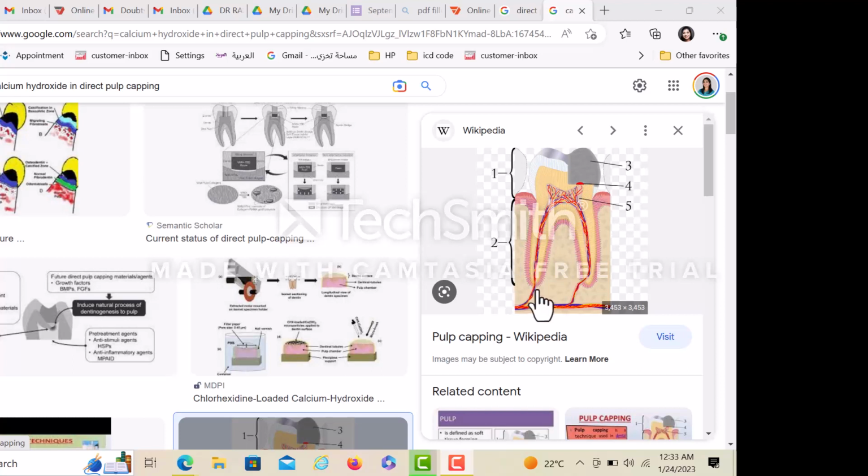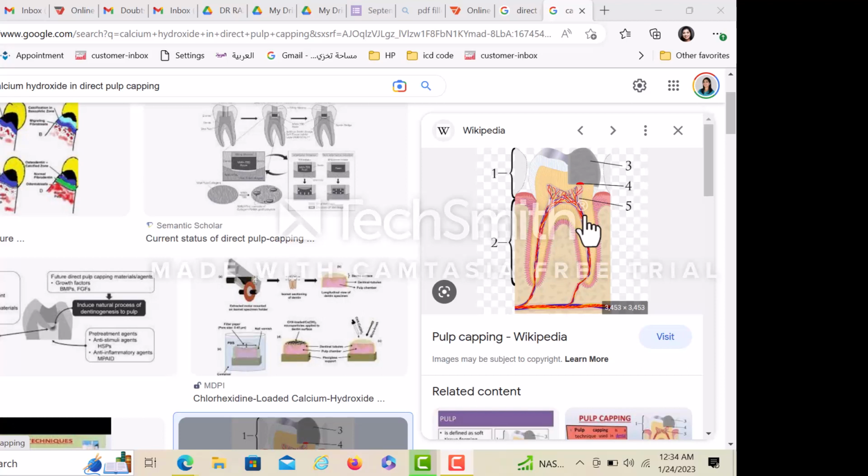It would absorb more calcium from the blood vessels and start healing this area, and slowly a tertiary or reparative dentine would be formed here, and the pulp would again be enclosed in its cavity and stay alive. So the calcium hydroxide material is the same in the milk tooth or the permanent, but what kind of reaction it elicits totally depends on the pulp's nature.